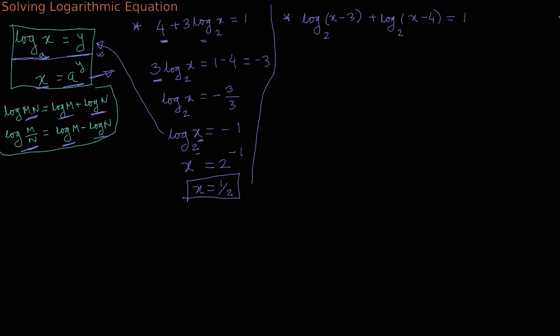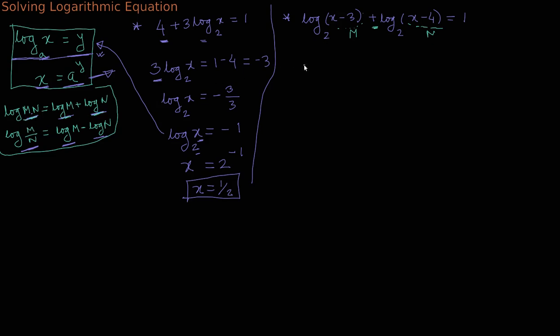Just to remind you what I have: if I consider this term my m, and this term my n, then I have logarithm m plus logarithm n, which I can write as logarithm mn.